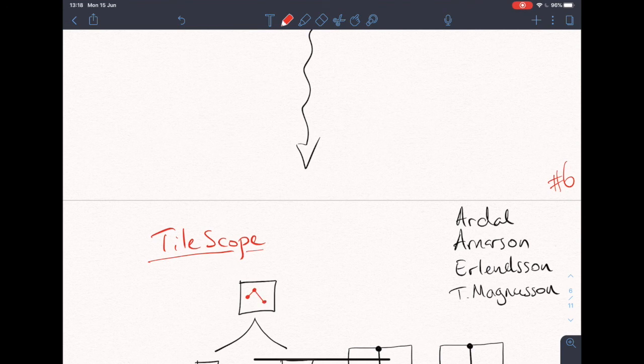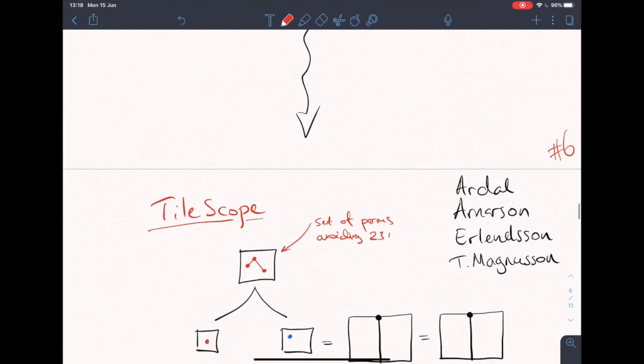Let's look at permutations that avoid 2-3-1. And so here we have the set of permutations avoiding 2-3-1. This is an infinite set. We can separate a piece of it, a very, very finite piece, the permutations that avoid having a point.